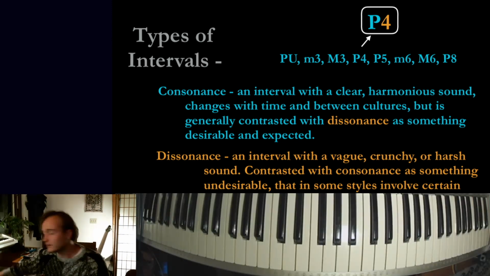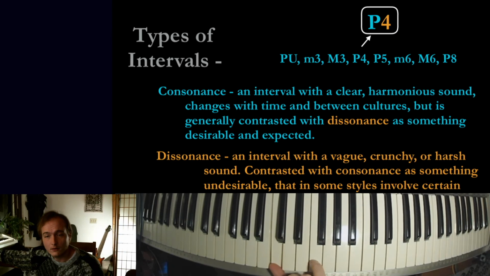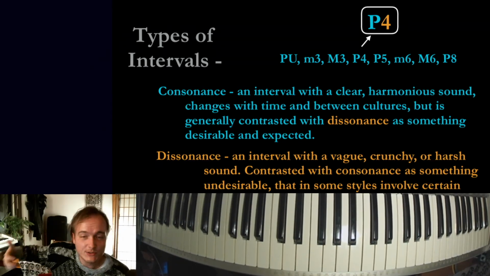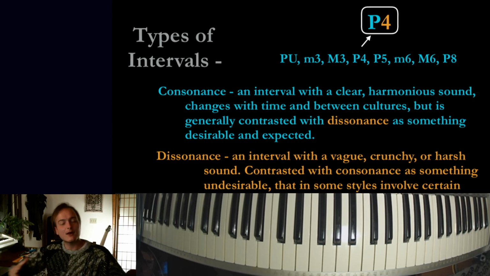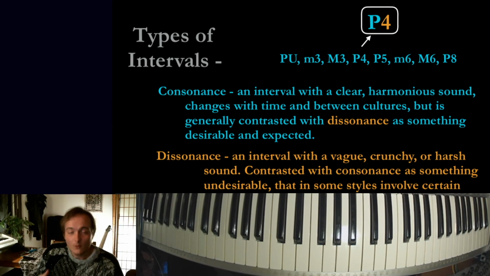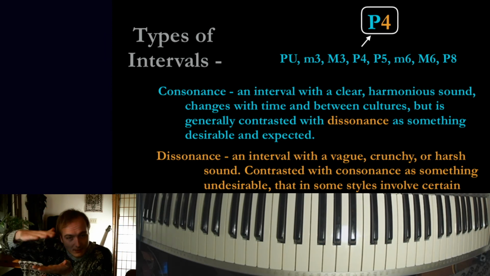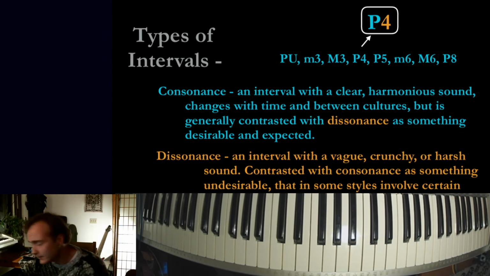So for example, take a look. The perfect fourth, to us, may sound pretty stable, pretty steady. But for a long time in music history, that was thought to be dissonant relative to the major third, which required a kind of resolution. In other words, for that top note to move down by half step to resolve into a major third.